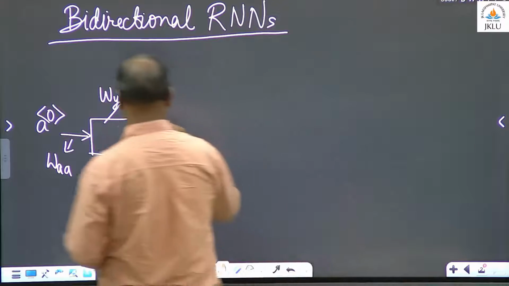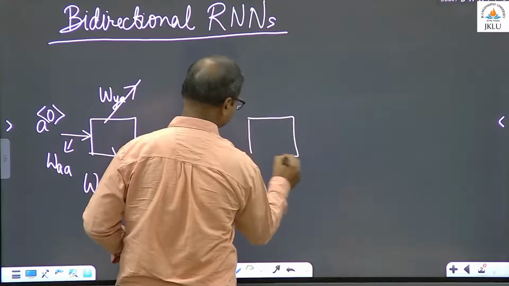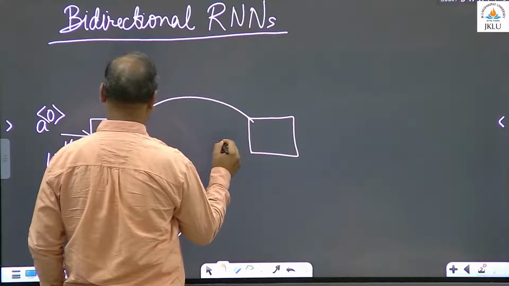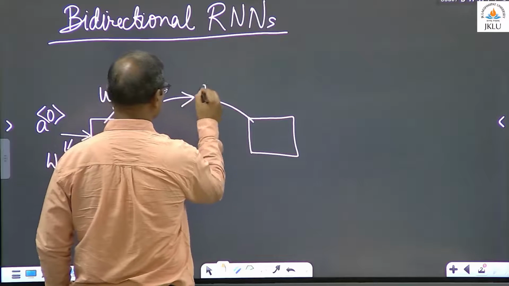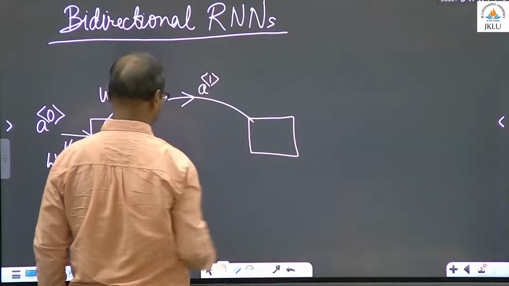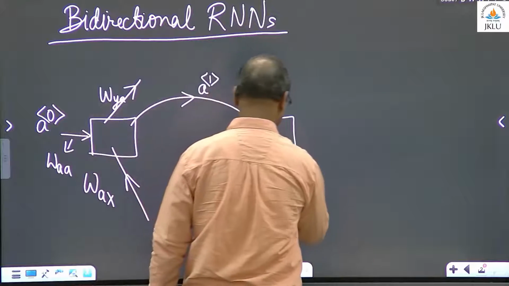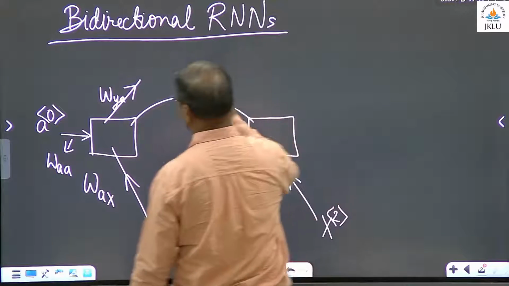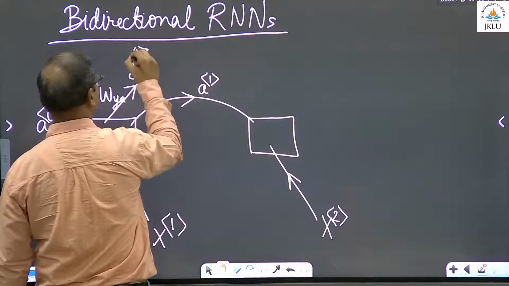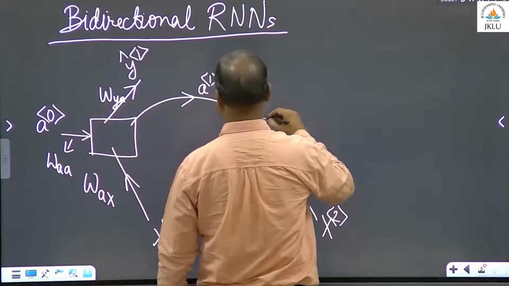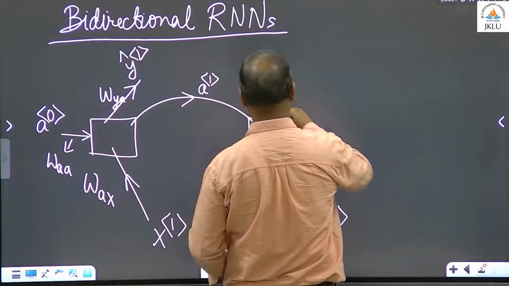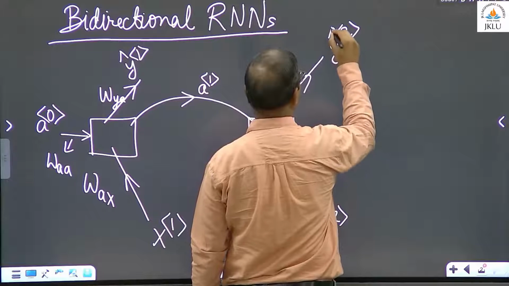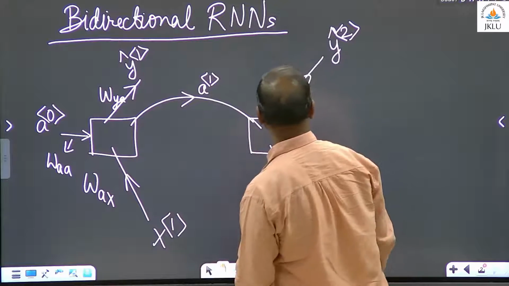Okay. Now what will happen? So there will be a next unit of this. So this is A1, and again you have X2, then this guy was Y1 hat, and this guy will be Y2 hat, and so on, right.